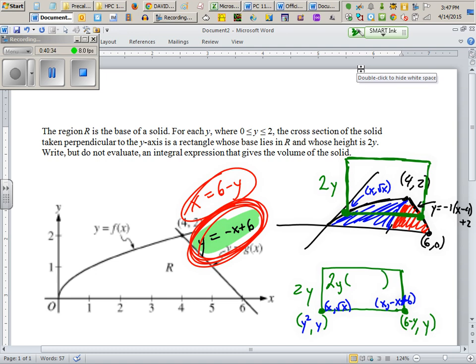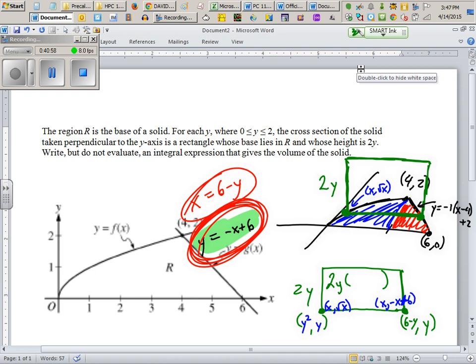It makes more sense to me to use for my length here the difference between the x coordinates. So I can either use x minus x, I'm sorry, I can use either, yeah, I actually have to use 6 minus y minus y squared. I don't really have a choice. I was trying to debate which coordinates I want to use, but I can't use x minus x, right?